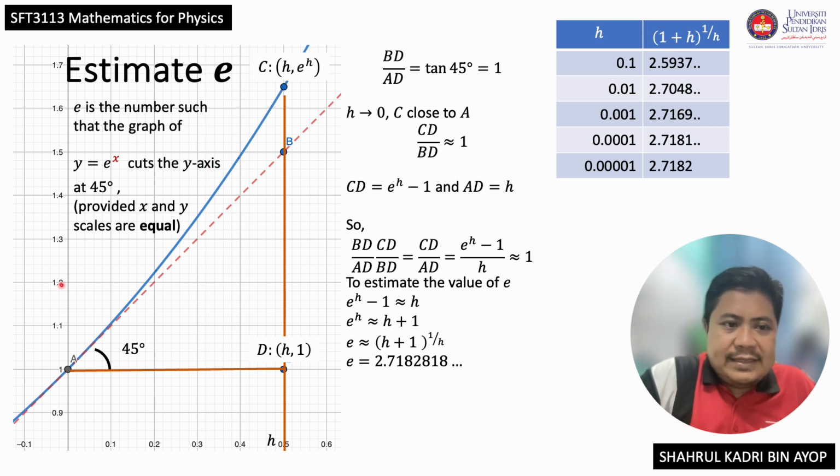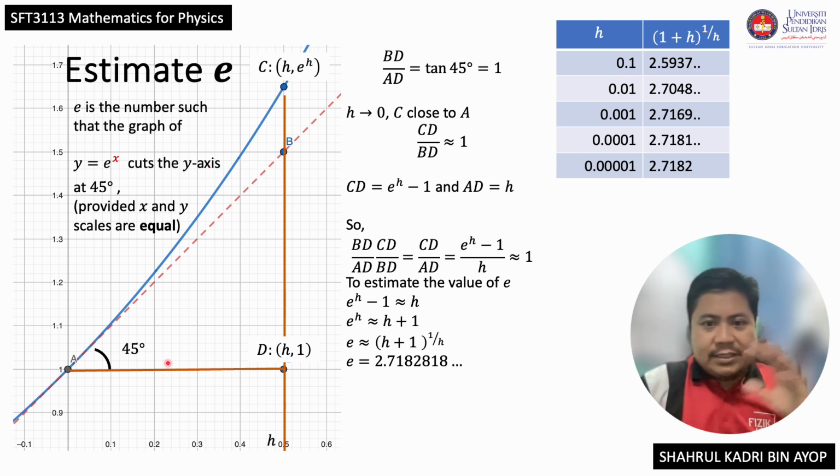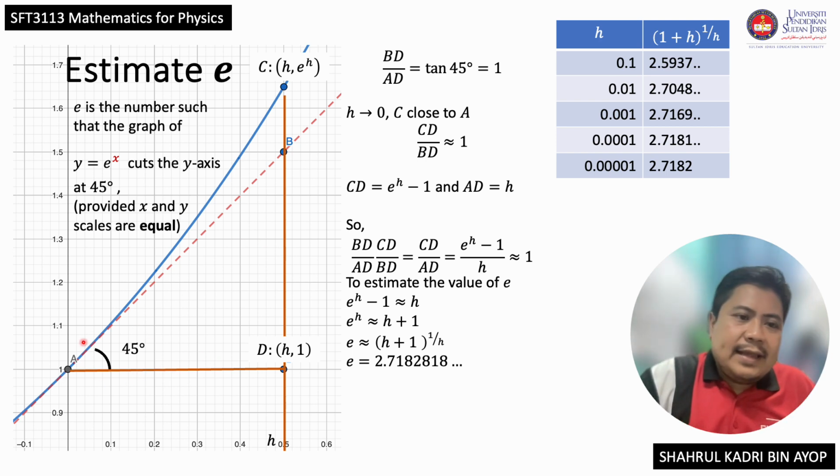So if we have this graph with the same scale for x and y, let's have a 45 degree line. This is 1 and this is 1.5. Let us have a slope of one.